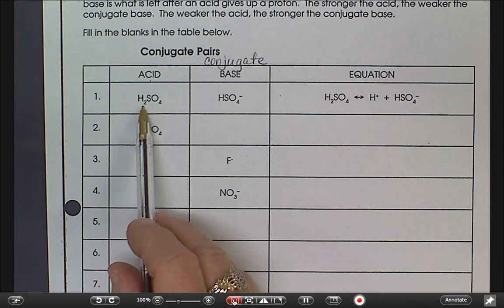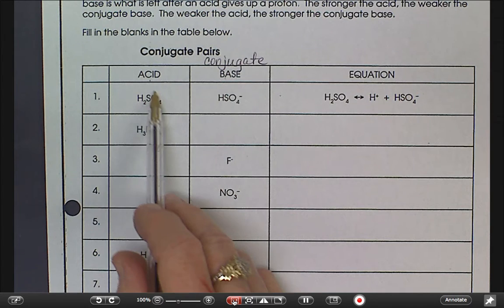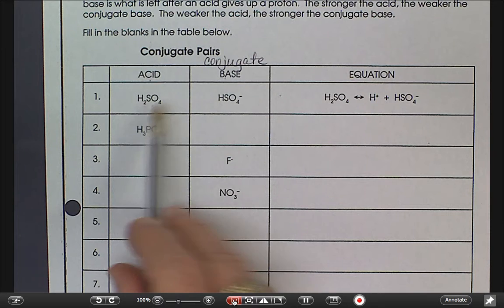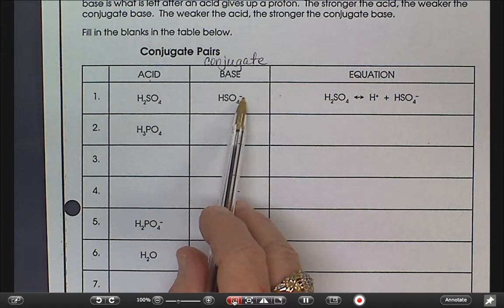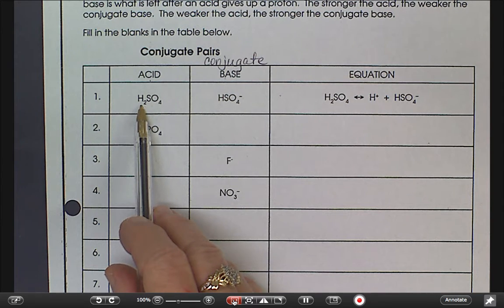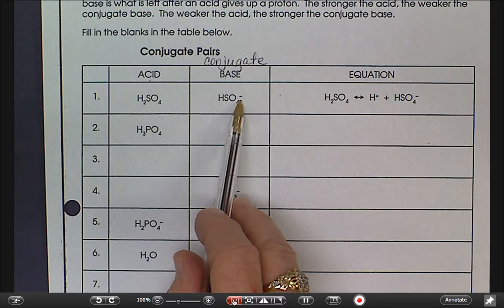How many H's present here? 2. How many H's present here? 1. Now, this is a neutral compound. When you lose something off of it, it is no longer neutral. It will be charged because hydrogen is a positive 1. So, it's no longer neutral and it will be negative by 1. Does that make sense?